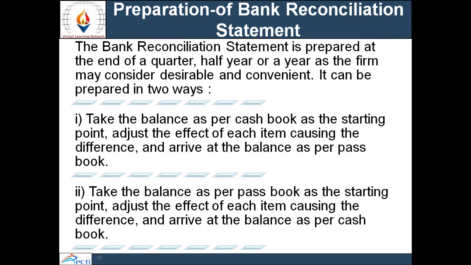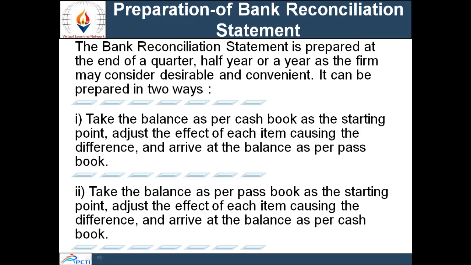Preparation of bank reconciliation statement. The bank reconciliation statement is prepared at the end of a quarter, half year or a year, as the firm may consider desirable and convenient. It can be prepared in two ways.